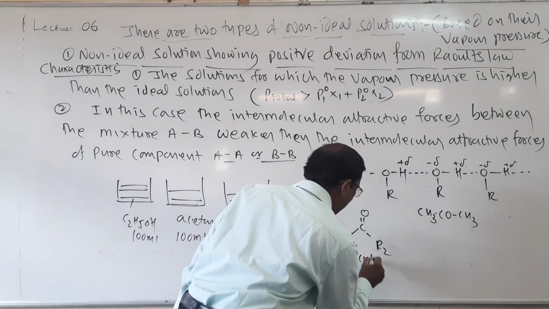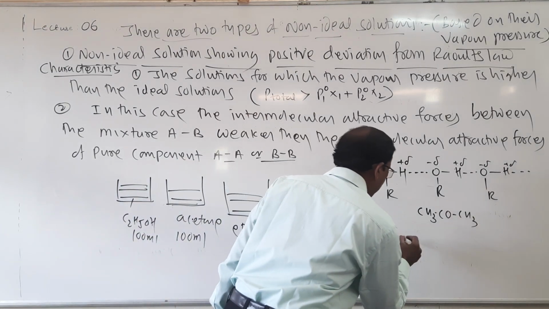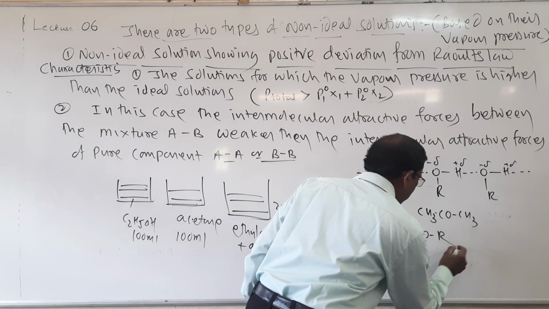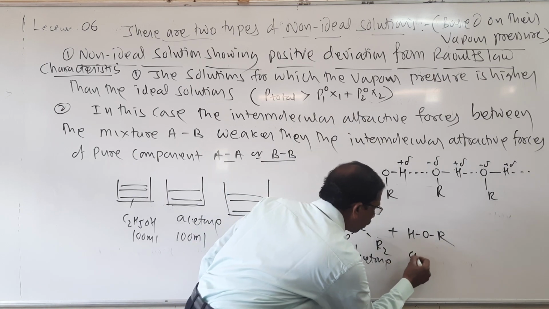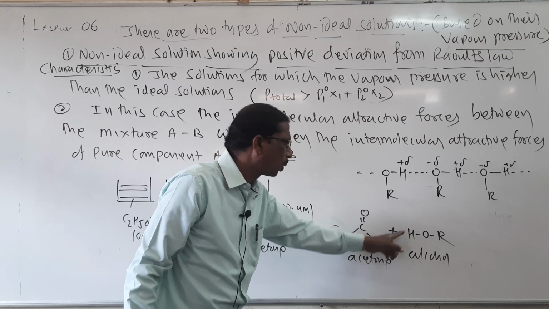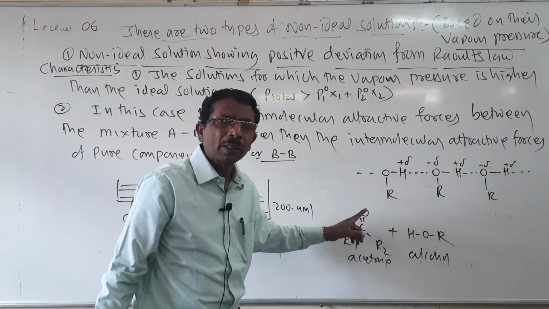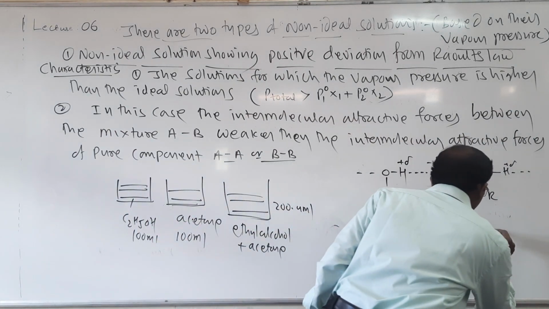Look here, it is acetone. When acetone is mixed with alcohol, I will write alcohol like this. Look here students, it is alcohol. So when acetone is mixed with alcohol, the hydrogen bonds between the alcohols are broken by this acetone, and then it combines with it.